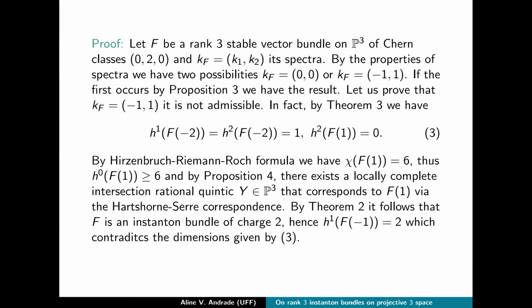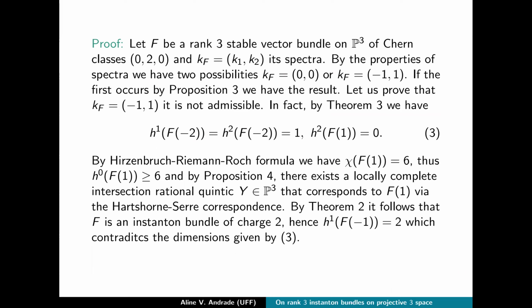Okay. So using the theorem which characterizes the spectrum of a sheaf, we can compute the dimensions of these twisted groups, and then we have that the dimensions of H^1(F(-2)) and H^2(F(-2)) are equal to 1, and H^2(F(1)) is equal to 0. By the Hirzebruch-Riemann-Roch formula, we have 6.